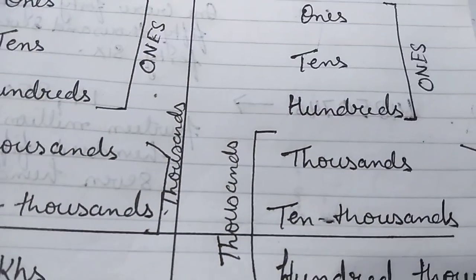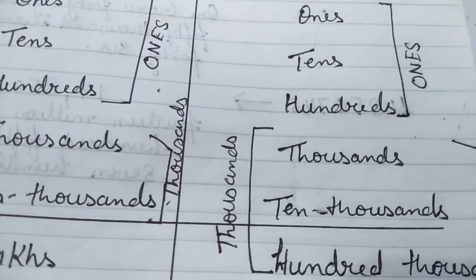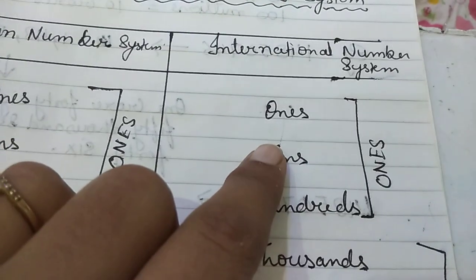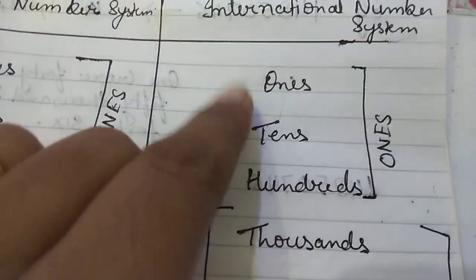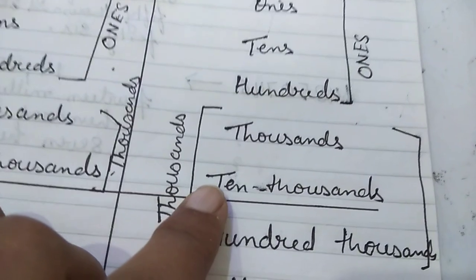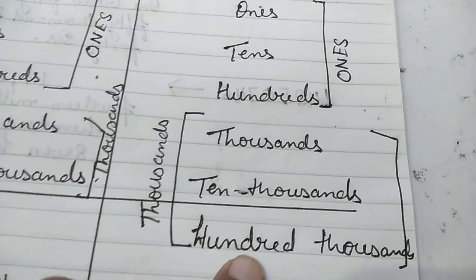In the international number system, after the ones period, in all the periods, the digits are the same, 3 digits. In the ones period also, 3 digits are there: ones, tens, hundred. In the thousands period also, 3 digits are there: thousands, 10,000s and 100,000s.